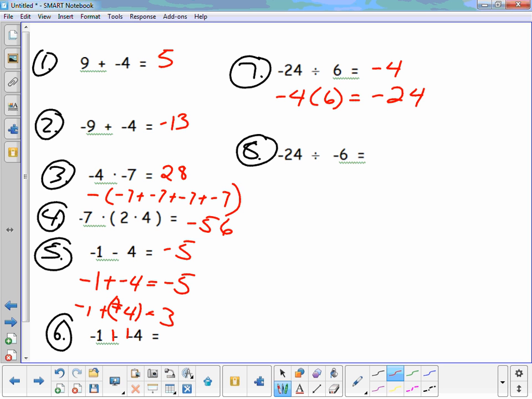Everybody okay with that? That's why. All right, negative divided by a negative is going to give us a positive. We should get a positive 4, and here's why. 4 times negative 6 equals negative 24.